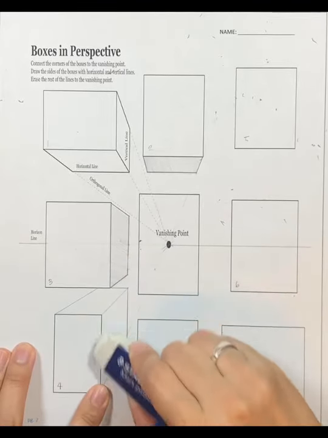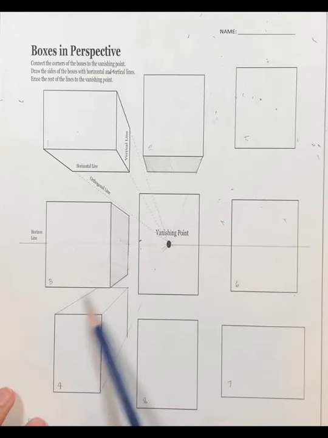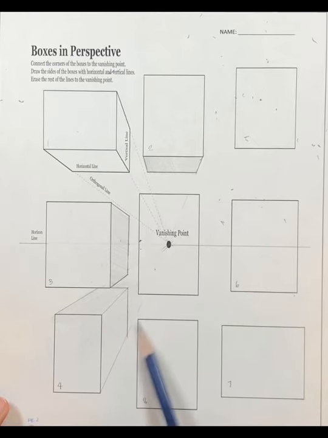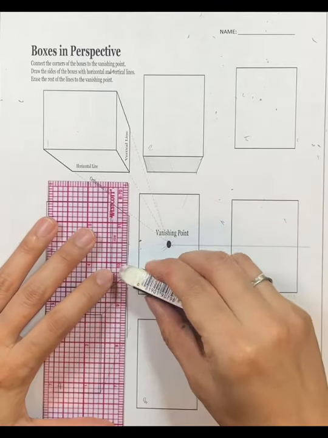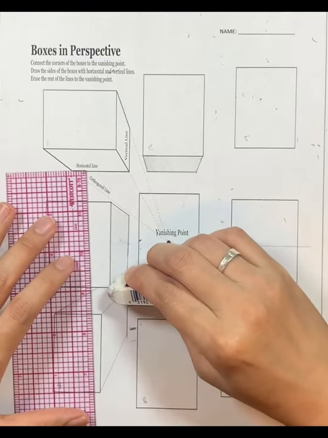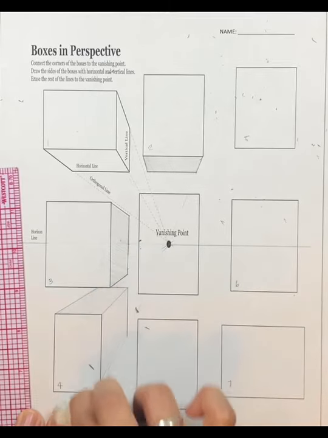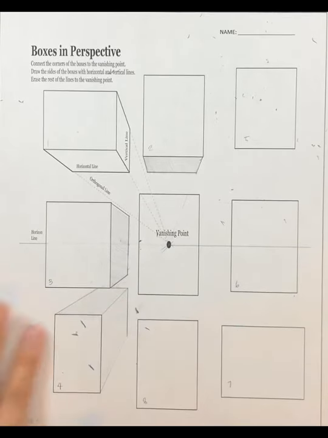I'm going to erase those circles and shade those boxes. Make sure your lines are compact, straight, and light. We'll talk about how to shade properly next time, in the next unit actually. Do not smudge with your fingers. That makes it look really flat. All right, and we are done.